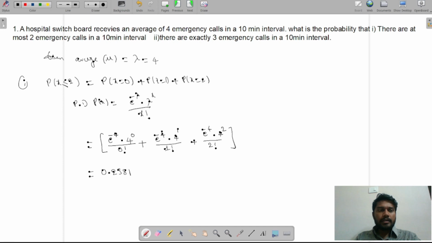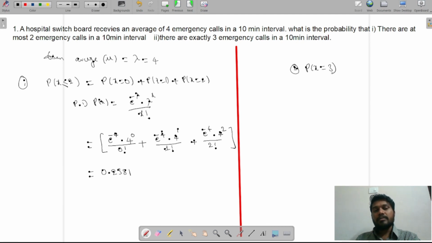Okay, right. Now we'll see the second question: there are exactly 3 emergency calls in a 10 minute interval. So it is nothing but P of x equal to 3 only. Yes, so at x equal to 3 we have to find the probability using the Poisson distribution. So e to the power of minus 4 into 4 power 3 by 3 factorial.